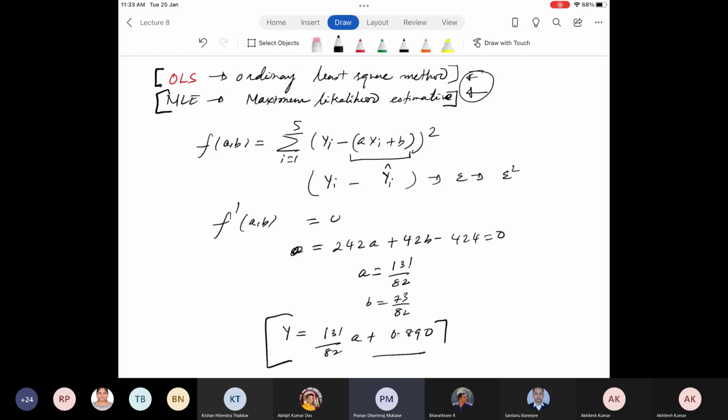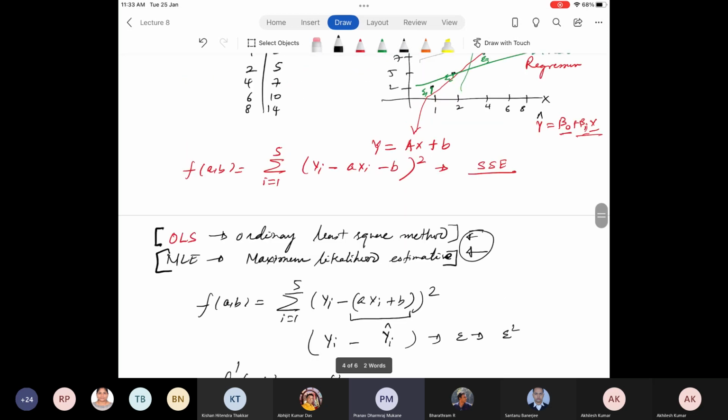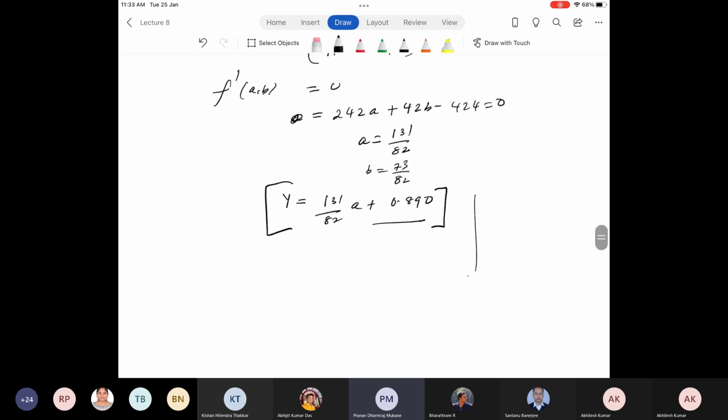So you are able to fit a line which minimizes the error, because as I said, if there are points through which I am trying to pass a line, there are an infinite number of lines possible. I am looking at the one which minimizes the sum of squared errors. So this is one statistical method.